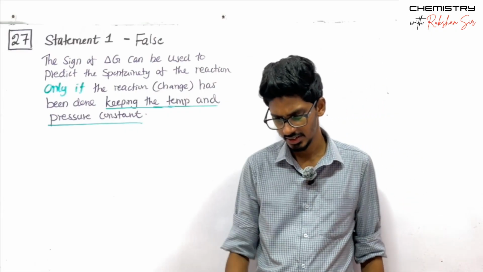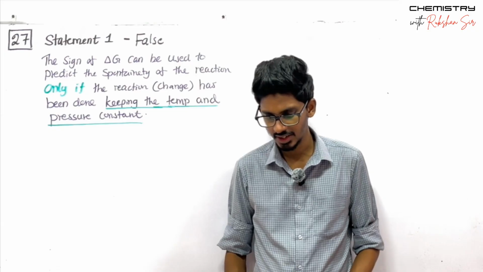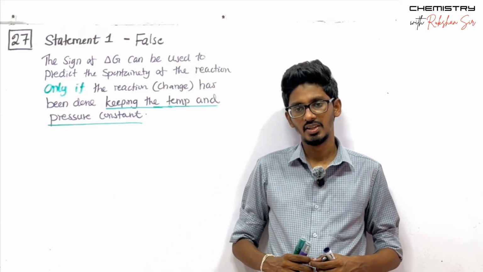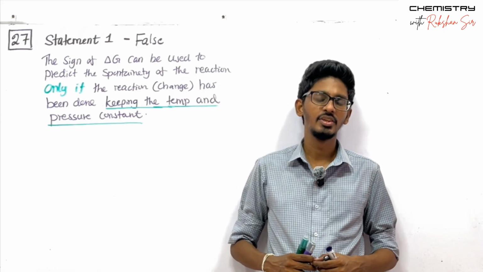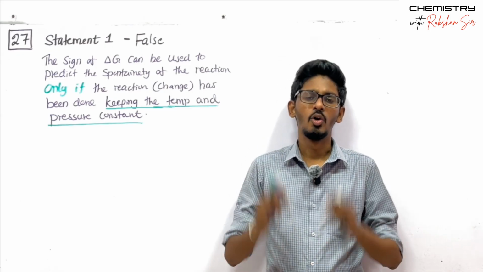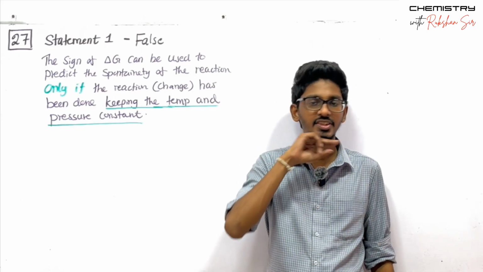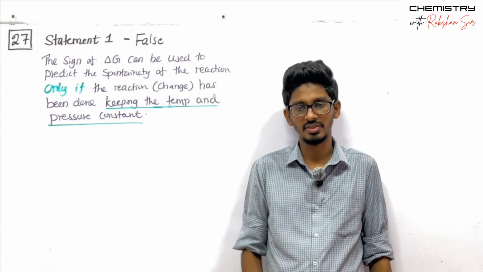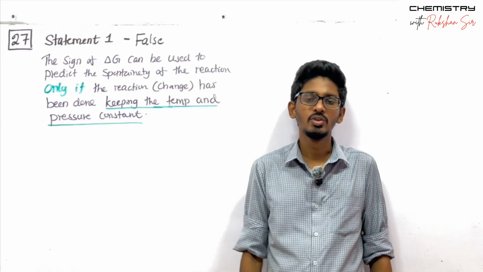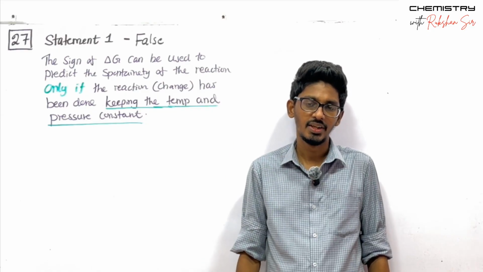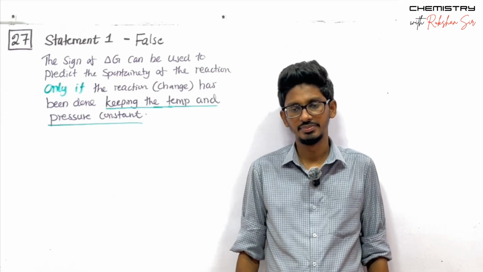So they are saying a spontaneous reaction always has a negative Gibbs energy. That is false, not always. Only if that process is done as a constant temperature, constant pressure process are those with negative Gibbs free energies.